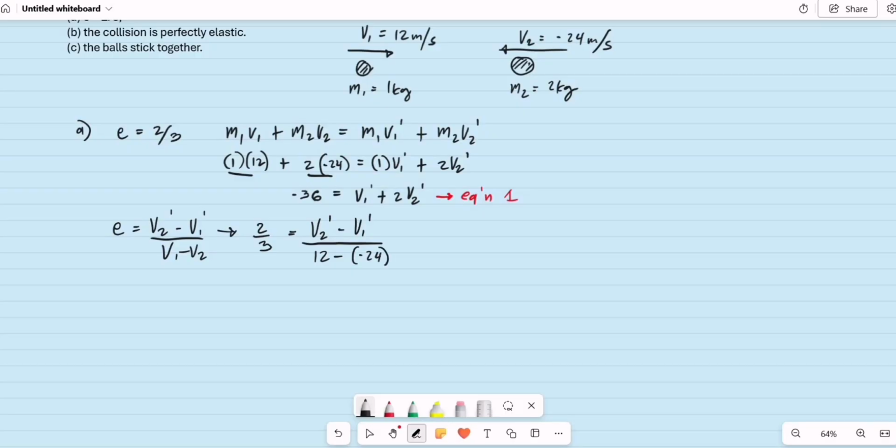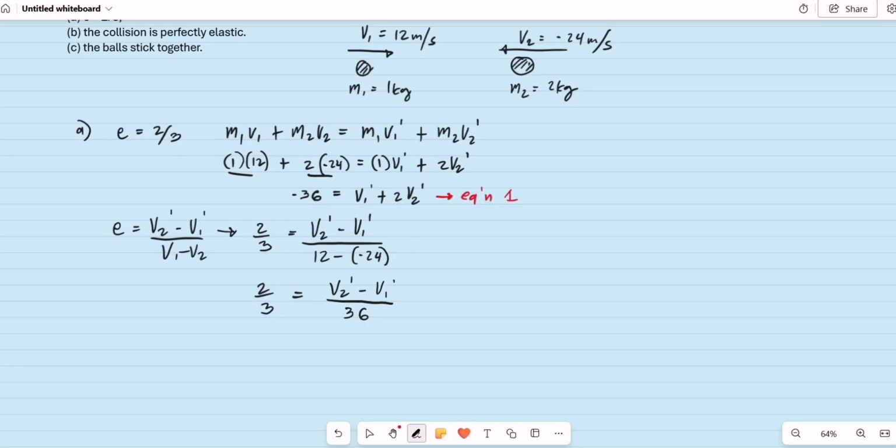This is the same as 12 plus 24, which is positive 36.